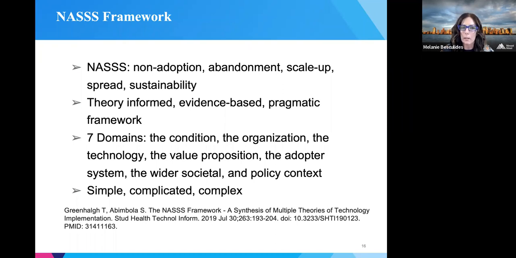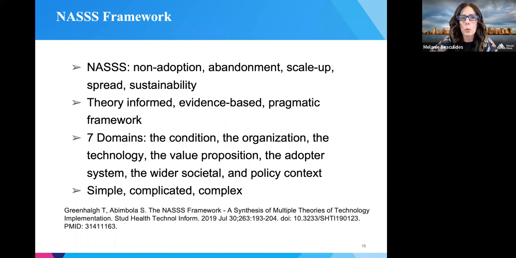It has 7 domains, which are the condition, the organization, the technology, the value proposition, the adopter system, the wider societal context, and the policy context. And the NASSS framework proposes that it's really not an individual factor that would make or break a technology. This framework is specific to technology implementation, like machine learning technology.